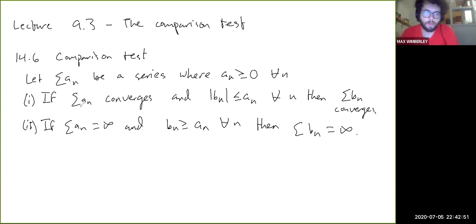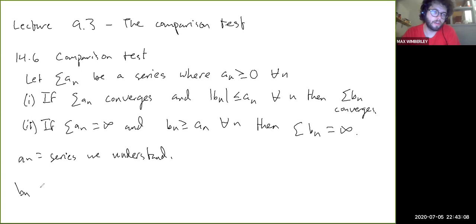The sum of an plays the role of a simple series. an is a series we understand, and bn is the series we want to understand. So an is our point of reference.